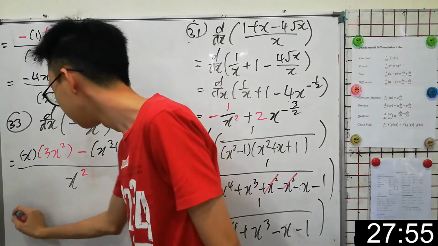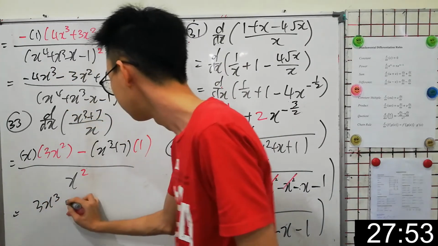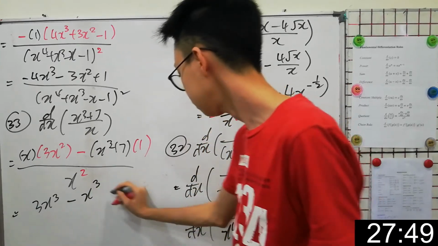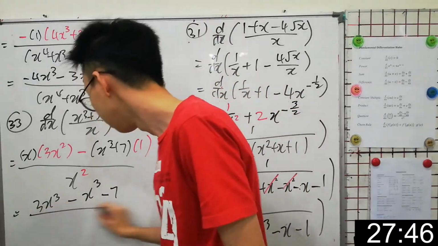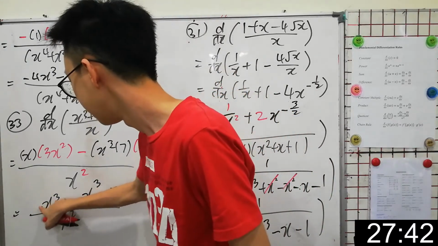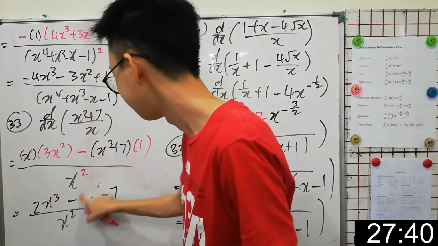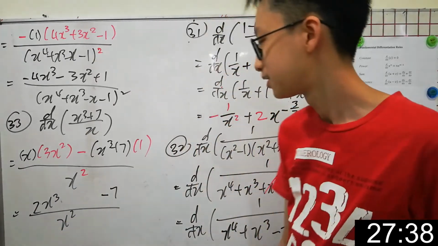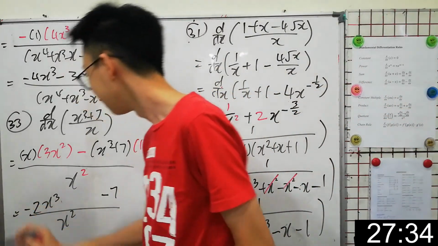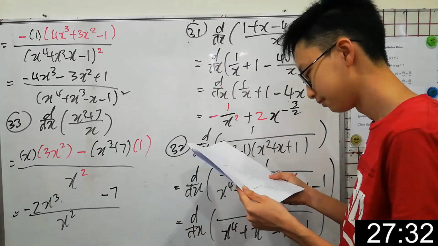So this will be 3x to the 3rd power, then minus x cubed minus 7 over x squared. Then this and that is actually just 2x cubed. Wait, no, this is a negative. Okay, 33.